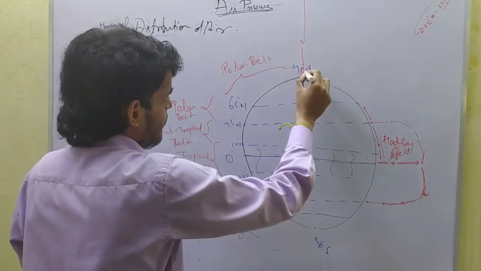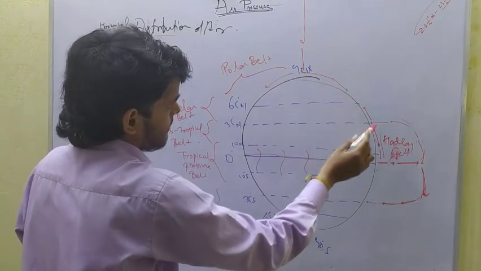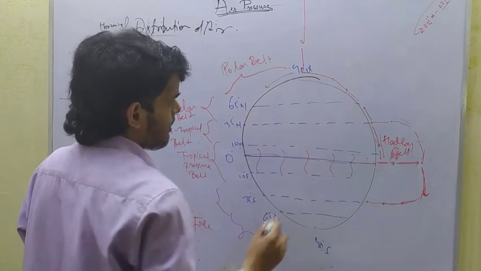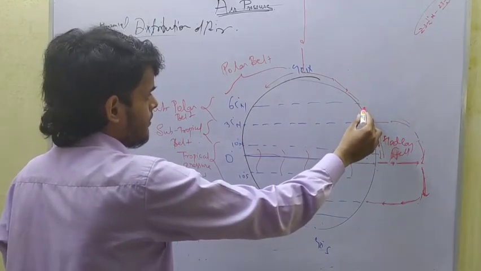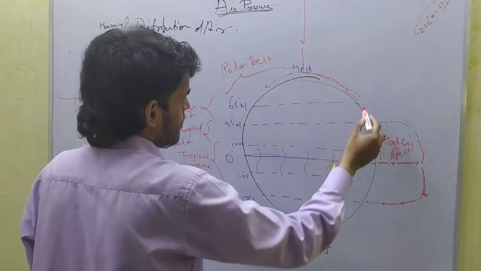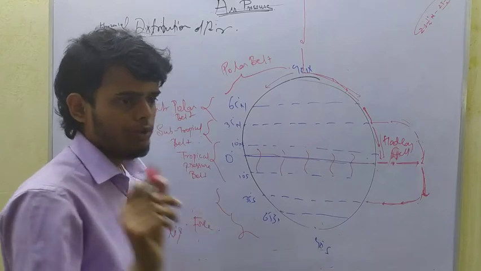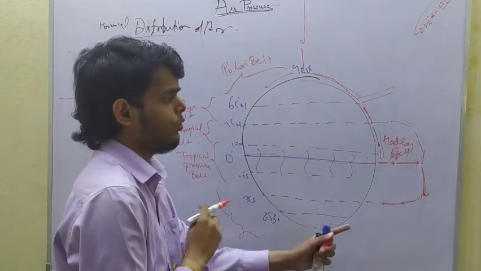After that, very low temperature is found near the poles. That's why winds are downwelling, and they will move towards 65 degrees north. At 65 degrees north, the wind moving from 35 degrees north meets the winds moving from the polar region, and the warm wind moves upward, thus creating a very low pressure zone in this region.